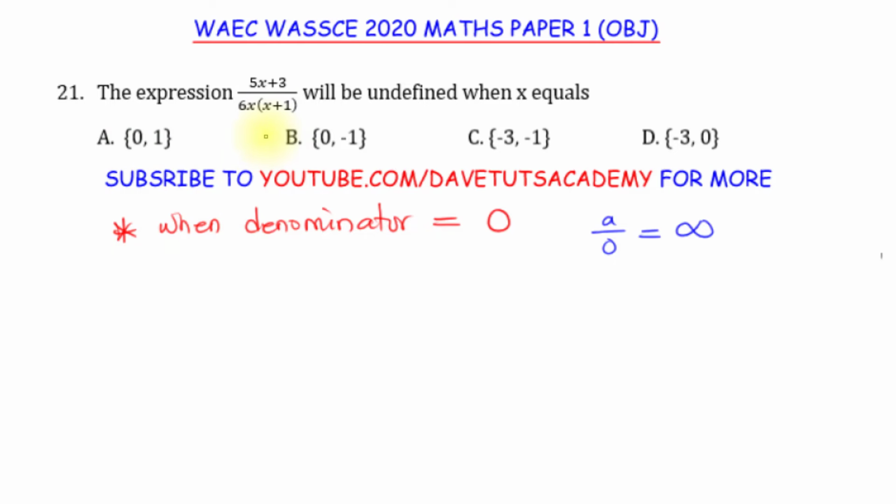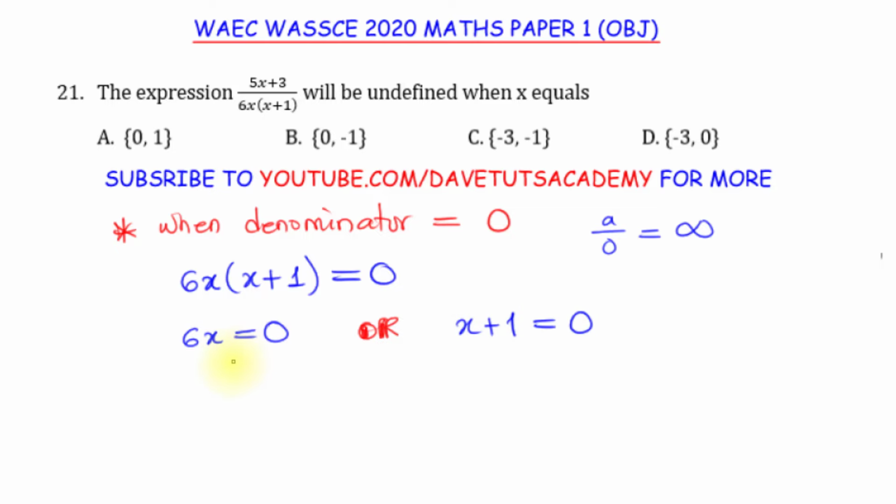So for this particular expression, that means we need to say 6x into bracket x plus 1 is equal to 0. In that case, either we have 6x to be 0, or on the other hand, we have x plus 1 equal to 0.